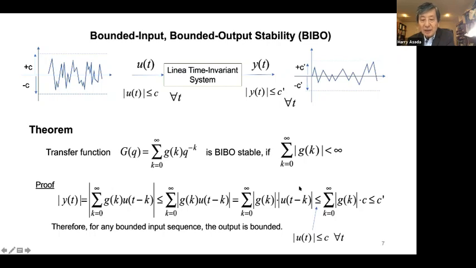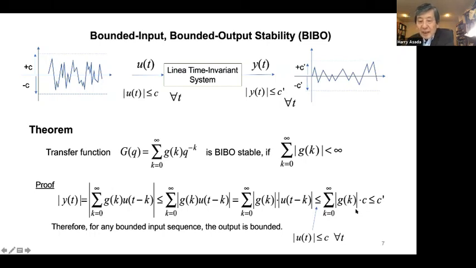And then here, this is the absolute value of the input, right? And as long as we assume that the input is bounded, this can be bounded by C. So replacing this by C, it becomes even bigger. So, something times C, right?